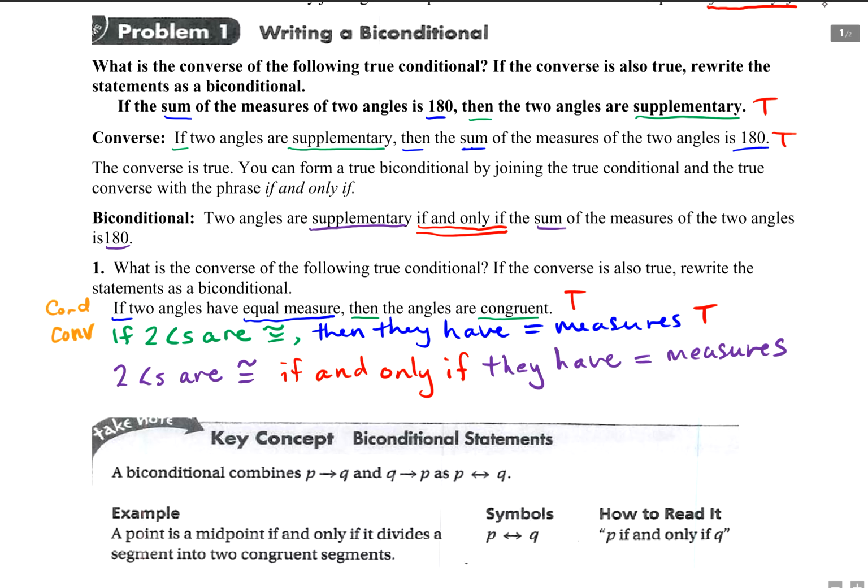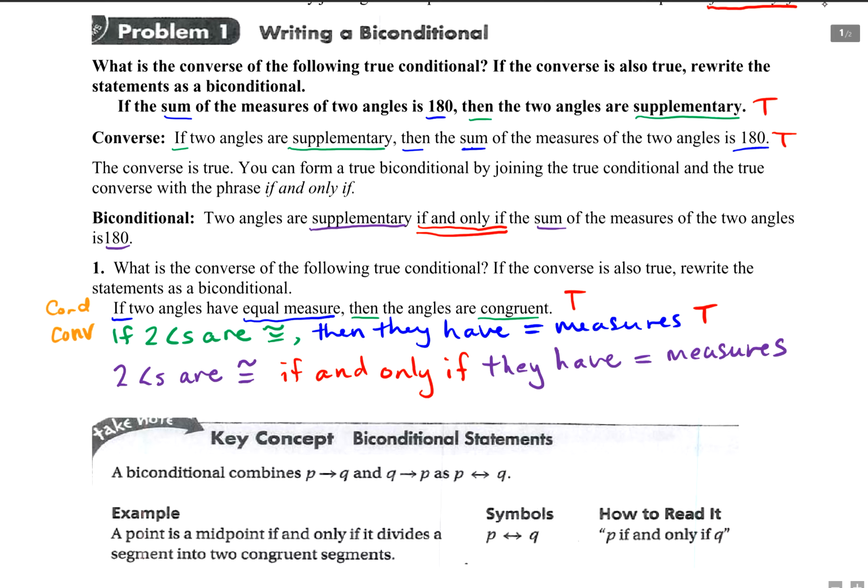So since both are true, we can write them as a biconditional. And the bi prefix means two statements. And so we have two statements that are true, and it's true both directions. So which one are we going to put first? Well, we are defining congruence here.